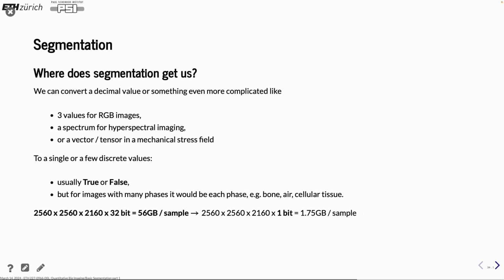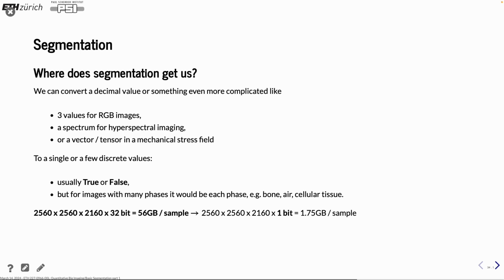So now we get to the segmentation, and first of all, we want to convert some kind of complicated number, this transmission value, for example, or even an RGB value, going even further, maybe even a spectral image, where we have, say, 100 or even 1,000 spectral bins.